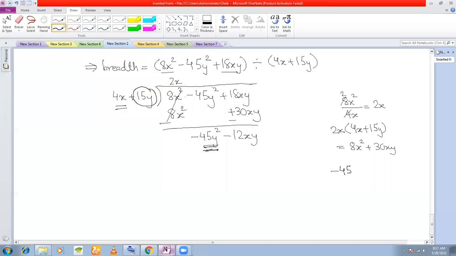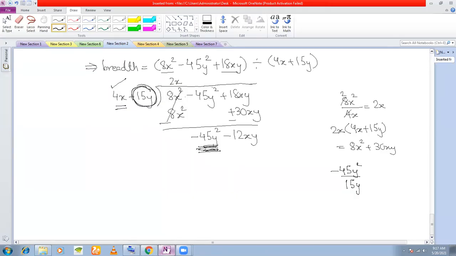So this time I'll divide by 15y. Is that clear to everyone? Yes, sir. Because I have only a y here, that is why I will not divide by 4x. This time I'll divide by 15y because I have only a y here.